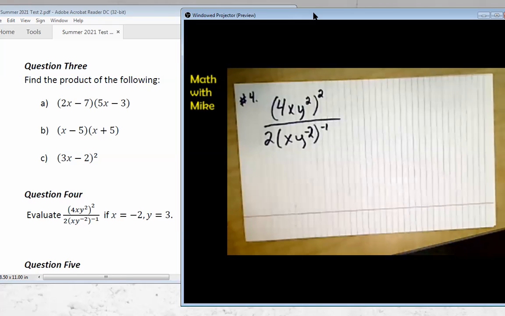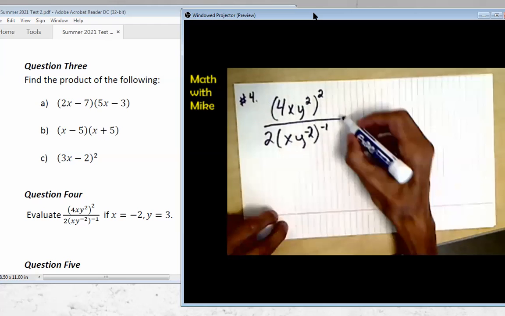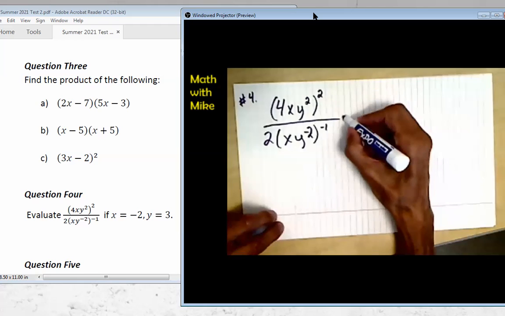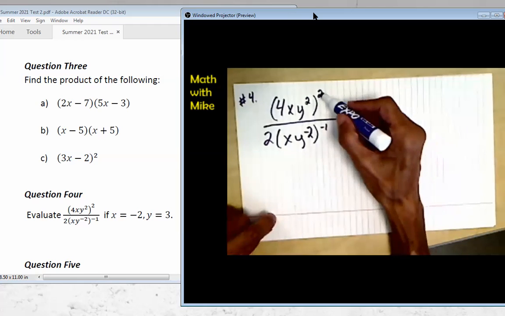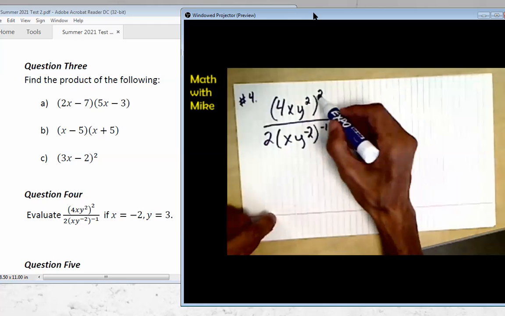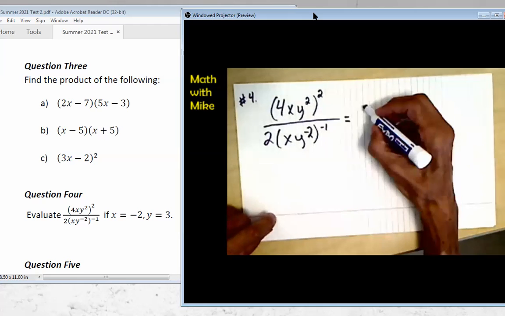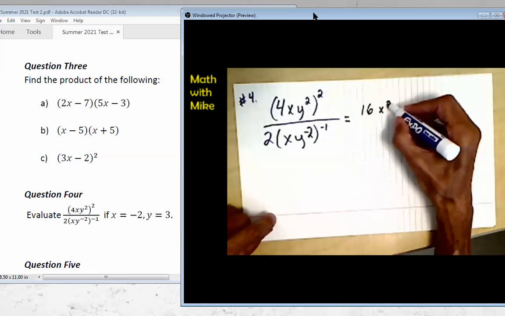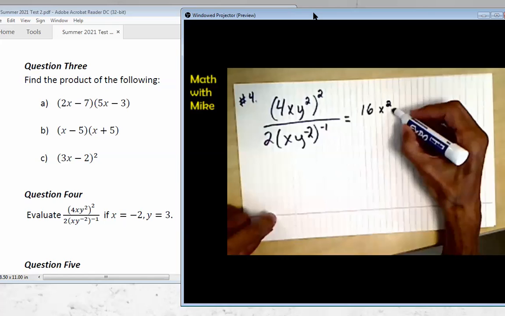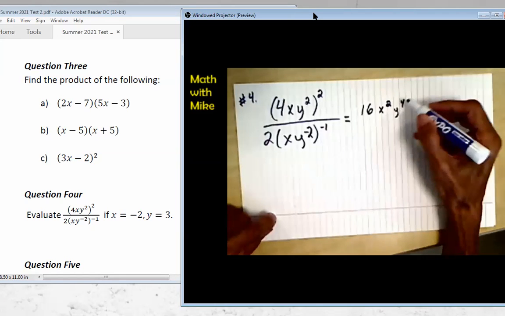What I think I'll do for this, I'll do the algebra first because it'll remind you about what some of those exponent laws are. So this 2 upstairs on the outside goes into each thing on the inside. So we'll get a 16. We'll get an x squared. And then we'll get a y to the power of 4.